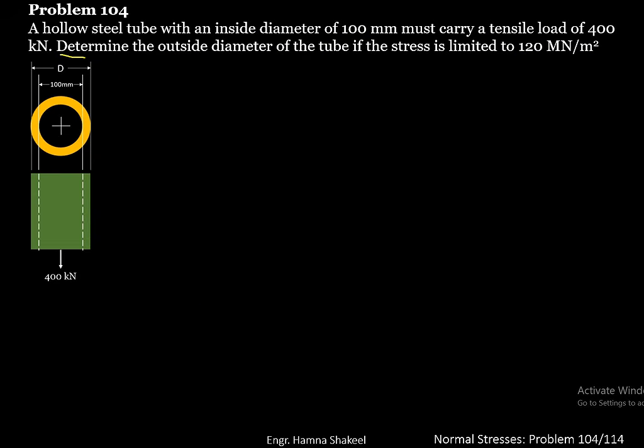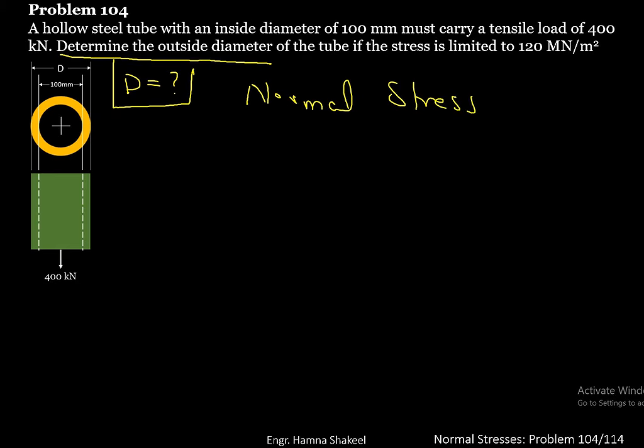So what we need to find is the outside diameter of the tube, capital D. For normal stresses, we know the formula is load divided by the area. So here the load is 400 kilonewton and it's a tensile load.